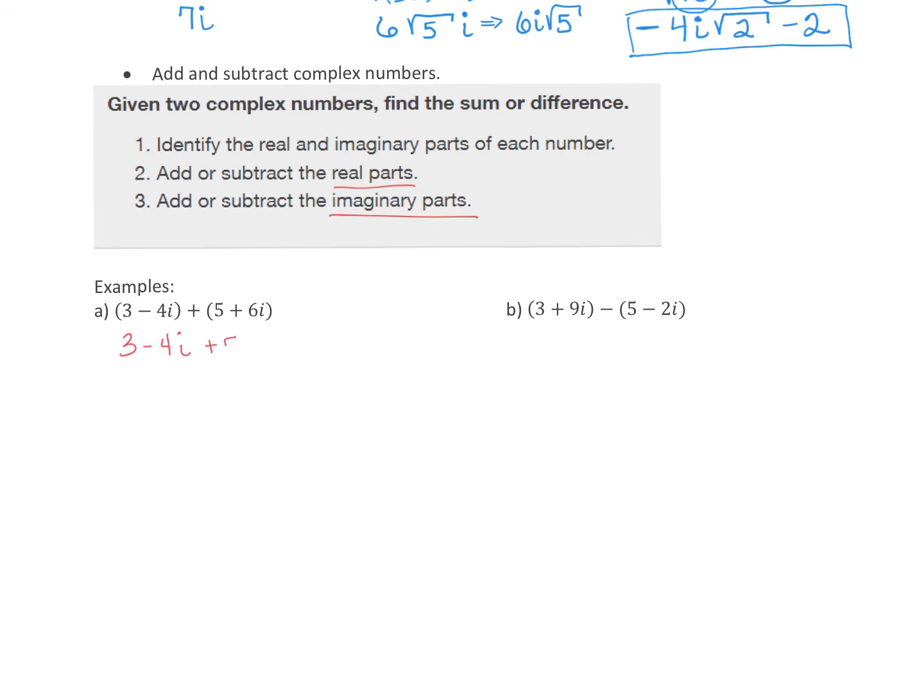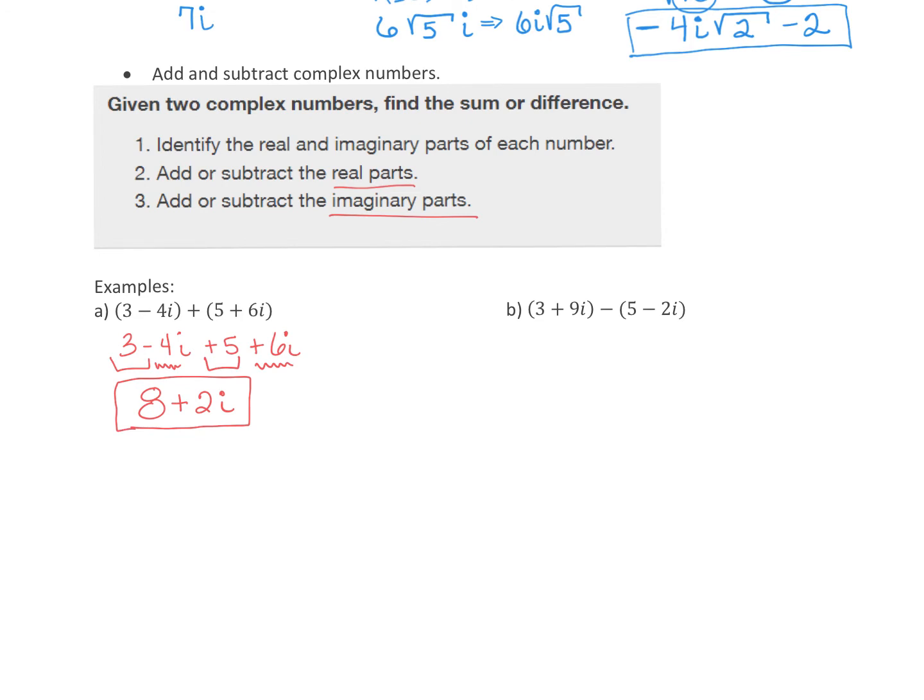I'm just going to drop them. And we add as if they are like terms. So 3 plus 5 are the real parts. We get 8. And then we get minus 4i plus 6i, which gives us 2i. And we have added that.